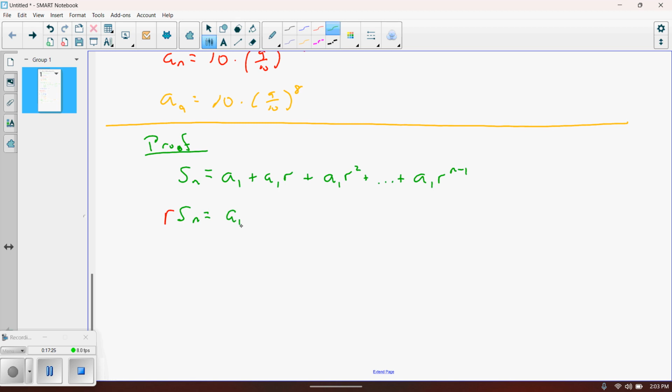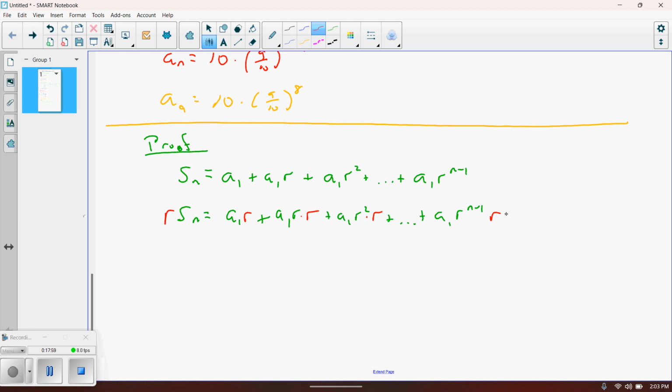So I have a sub 1 times r, plus a sub 1 times r, technically times another r, plus a sub 1 r squared, again, times another r, plus all the way up till we get to a sub 1 times r to the n minus 1 times another r.